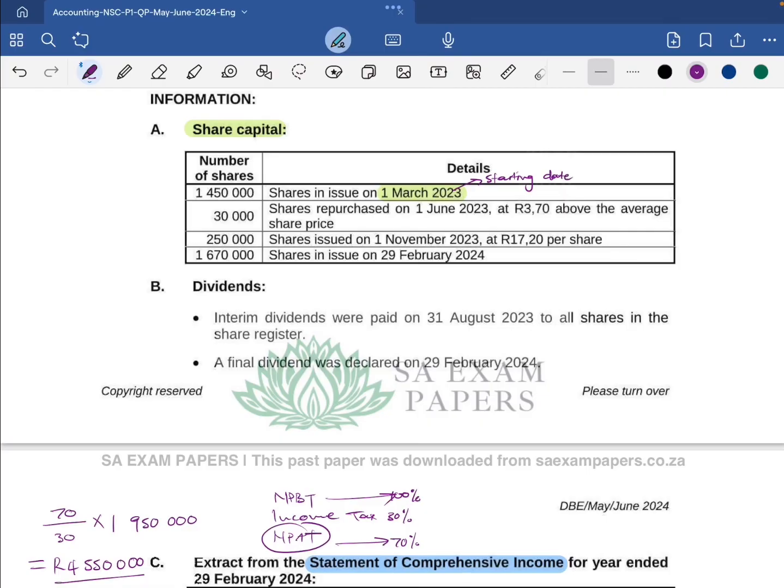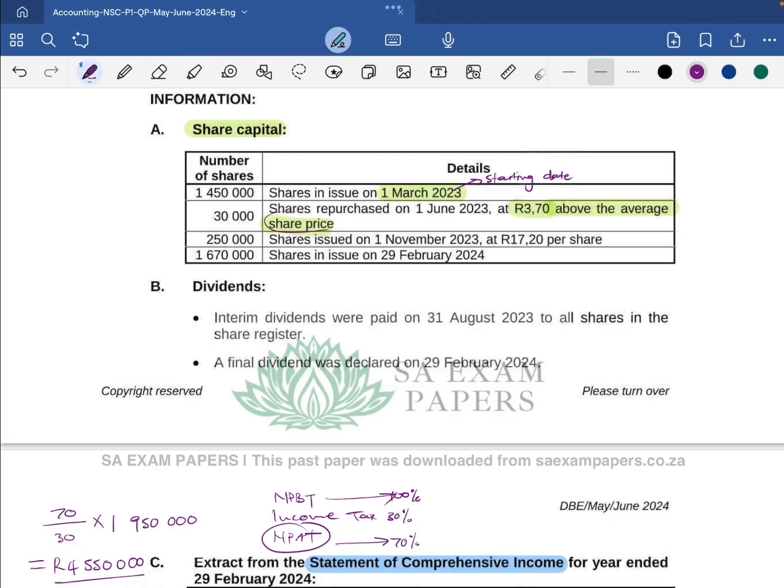right? And then secondly, it says 30,000 shares repurchased on the 1st of June 2024 at 3 rands 70 cents above the average share price, right? So it's 3 rands 70 above the average share price.